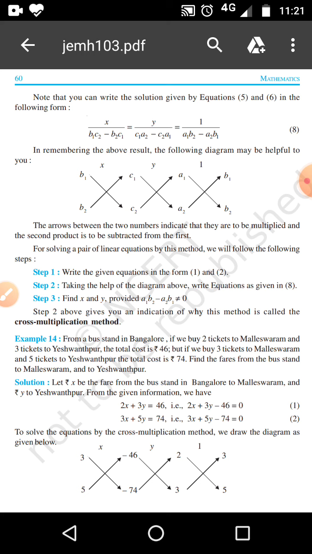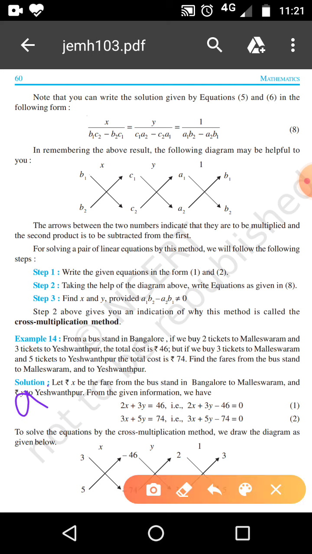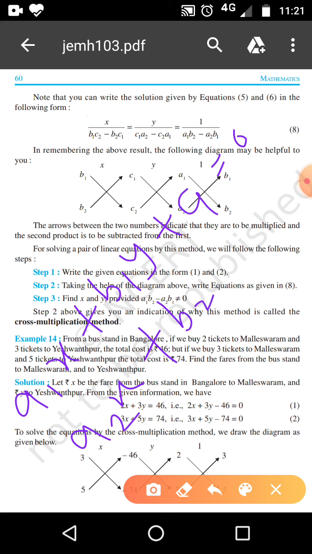we take the general pair of linear equations a1x plus b1y plus c1 is equal to 0 and a2x plus b2y plus c2 is equal to 0.